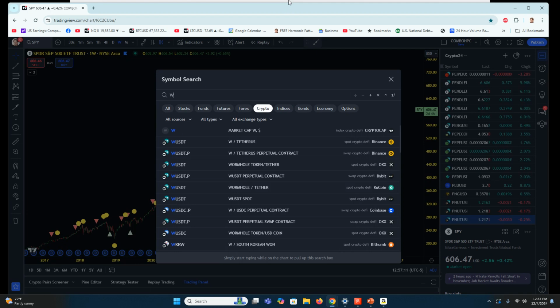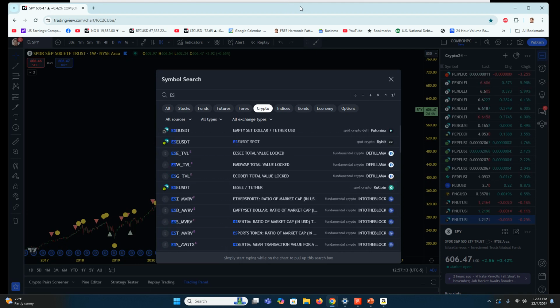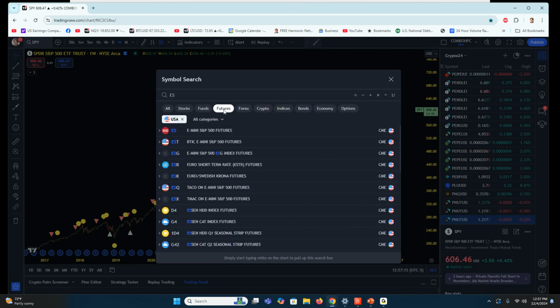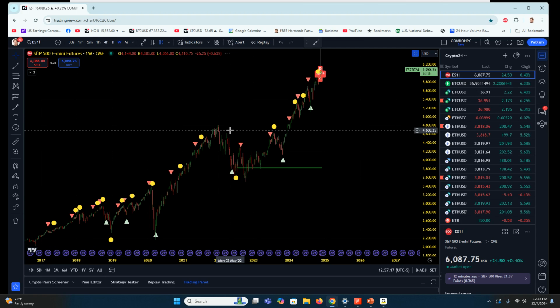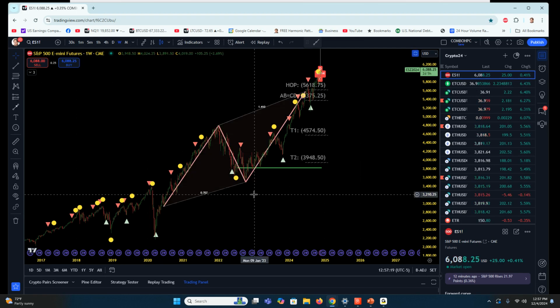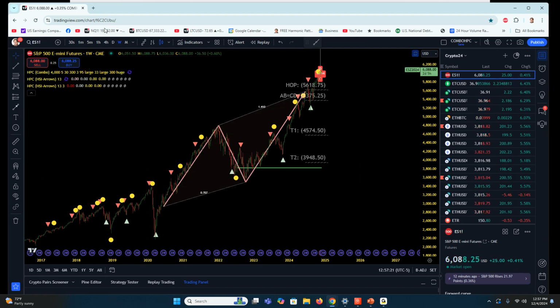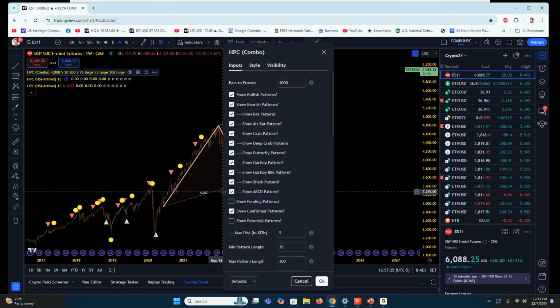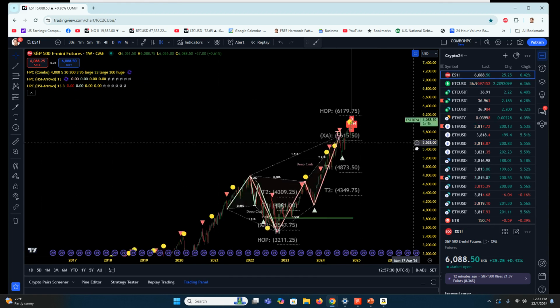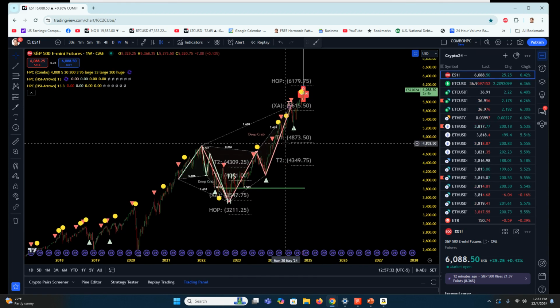Let me get ES futures. There we go. Oh, I know why. Also, I've got the ABCD on. Sometimes it's better to take the ABCD off and just look at the complex structures. There you go. You're going to get the patterns like that.